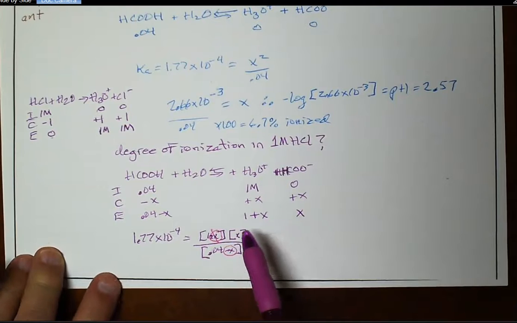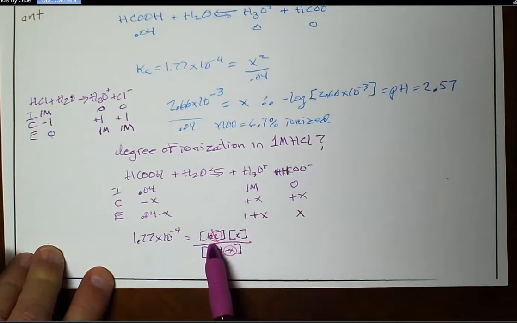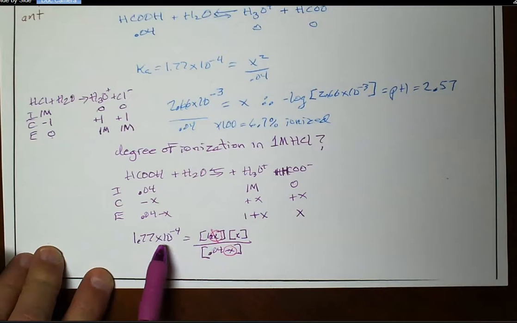So now what happens? Ignore the plus x, so this is just 1 in here, times x is simply x. And we need to get rid of this 0.04 down here, and we're ignoring the minus x because, again, it's not enough to worry about. So we've got to multiply this number times 0.04, and that's just going to equal 1x.